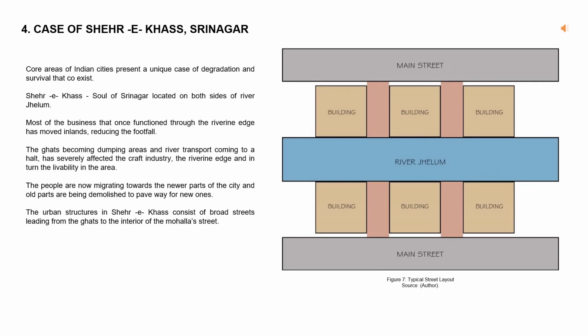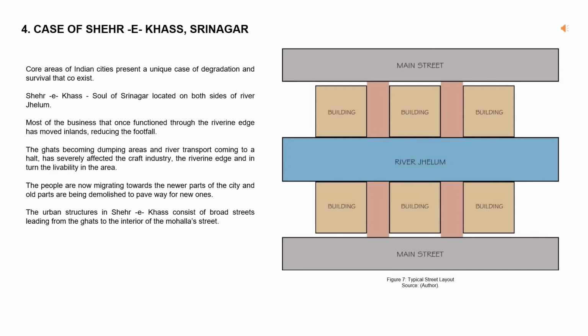One of the greatest charms of SHEHRE KHAS used to be the river Jhelum that cuts through the city and was used as the basic means of transportation along with other water bodies. Most of the businesses that once functioned along the edge of the river have now moved towards the interiors of the city, reducing the footfall of the river.